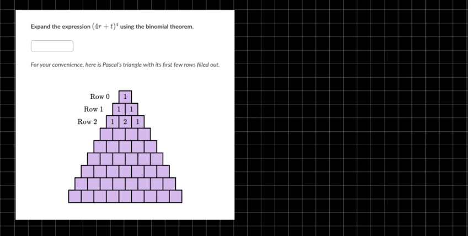So this is to the 4th. This is the 4th power, so we're going to need row number 4.